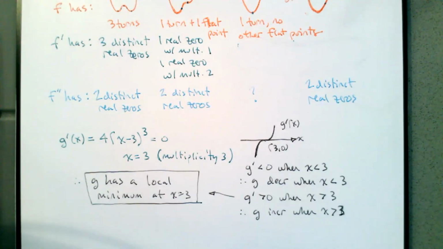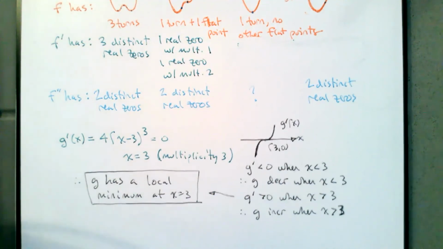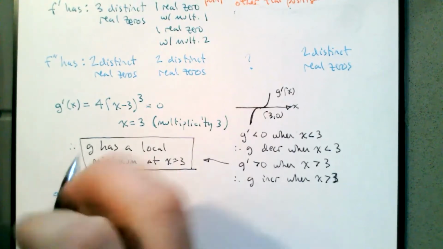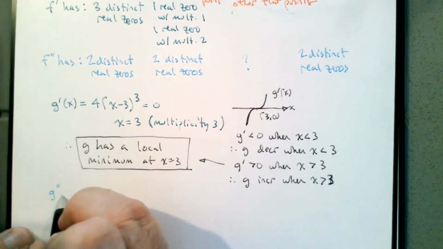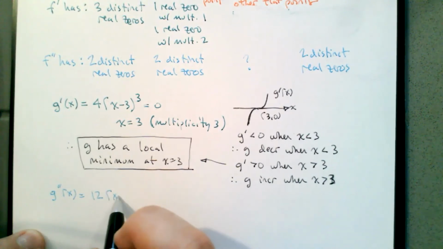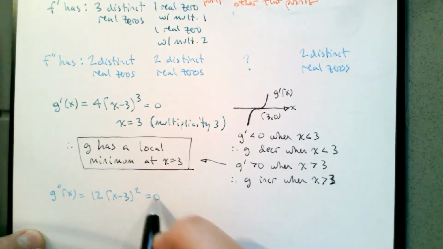To find any inflection points, we start by looking at g double prime equals 0. So g double prime is going to be 12 times x minus 3 squared equals 0.